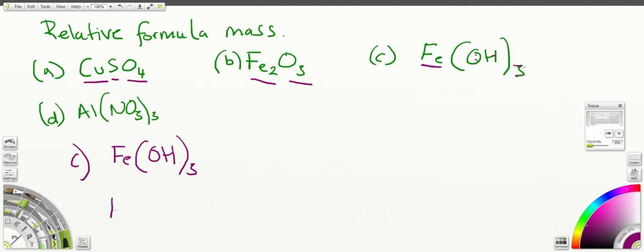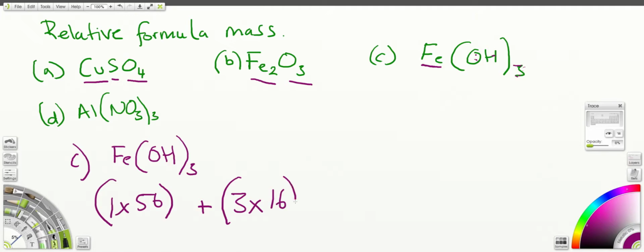I've got 1 times iron, so I need to find iron in my periodic table. It has a mass number, that's the top number, of 56, plus I've got 3 lots of oxygen, so 3 times 16, plus I've got 3 lots of hydrogen, and if you look at the mass number of hydrogen, it's 1.